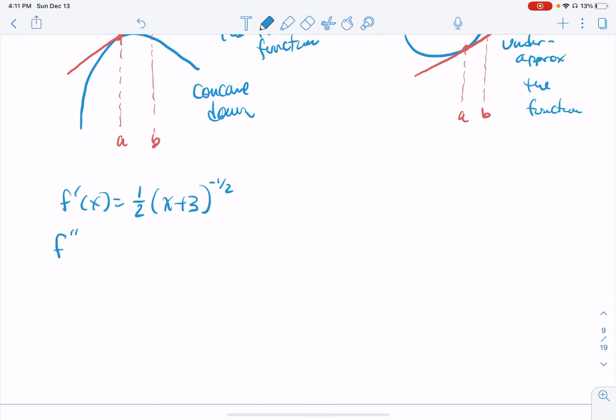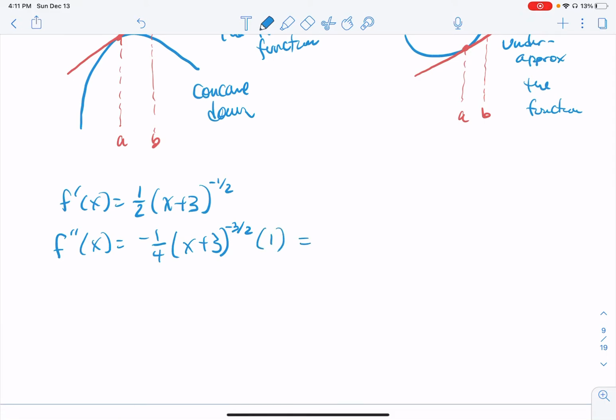So f double prime of x is equal to negative 1/4 times x plus 3 to the, we subtract 1 from that, negative 3 halves. And then also, don't forget, times 1, the derivative of the interior.